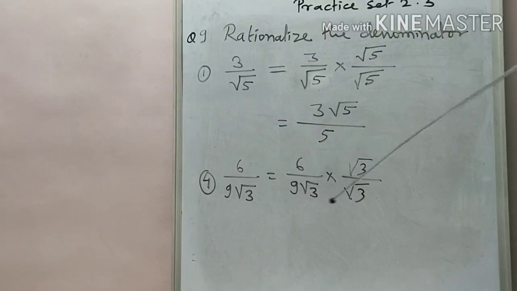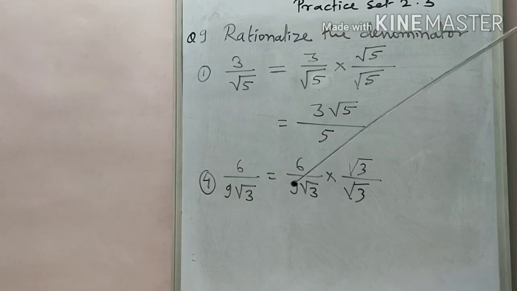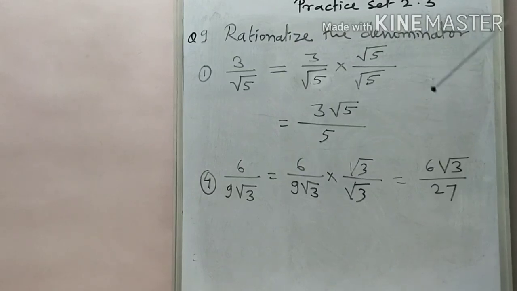Root 3 into root 3 we get 3 into this 9, 3 9s are 27, so in the denominator we get 27, and in the numerator we get the product 6 root 3.